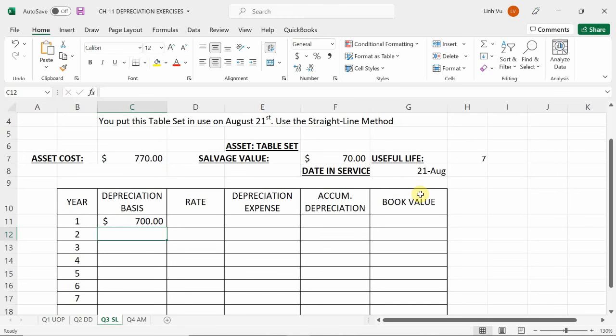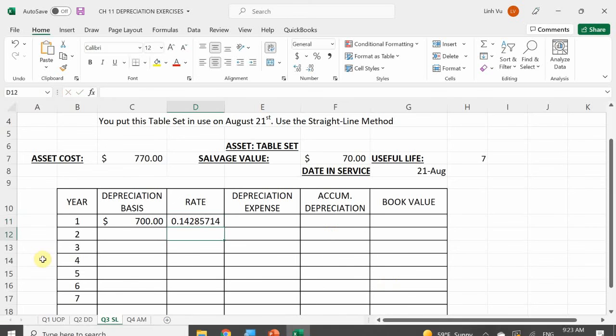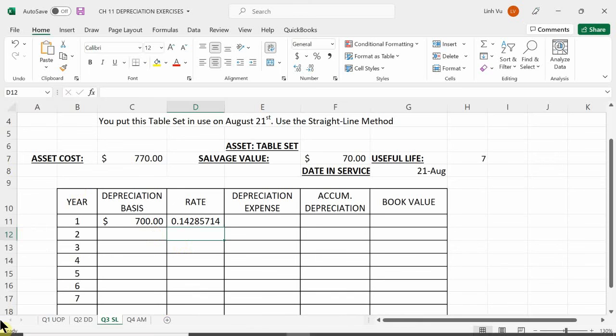So that is going to be my depreciation basis. What is going to be my rate? 1 over your estimated useful life, which is 7 years. So that should give you how much? 0.142857. Good. Correct.